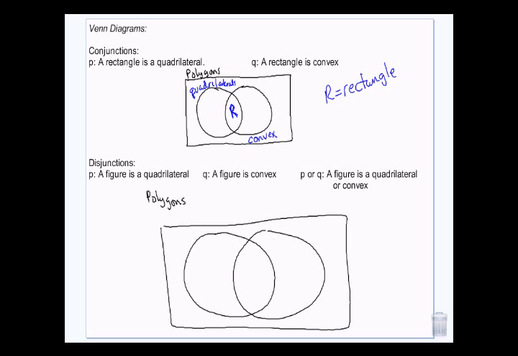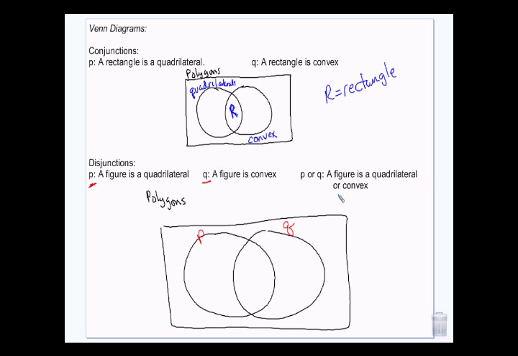So I'm going to do P for quadrilaterals and Q for convex, because of here, just to have the space.